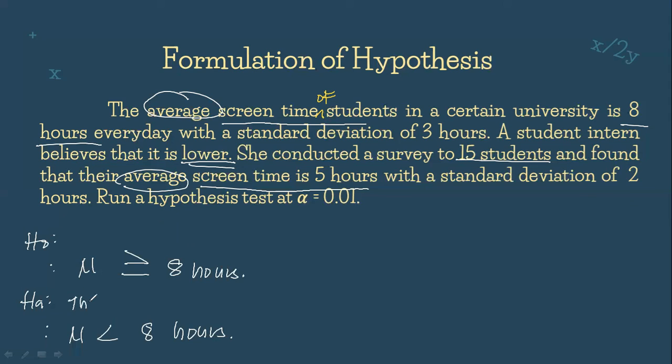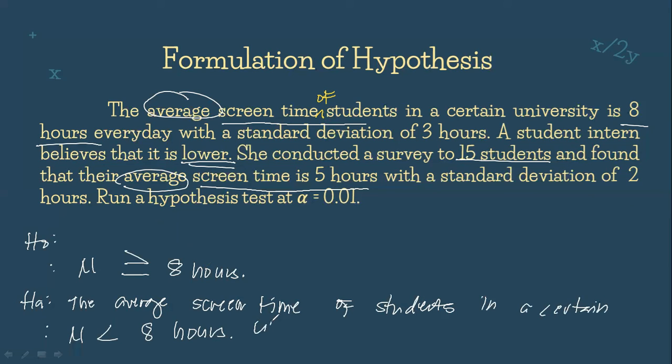So now, pwede na natin siyang i-transform into the worded form. So first, the average screen time of students in a certain university is lower, kasi po meron tayong less than. So, lower than 8 hours.